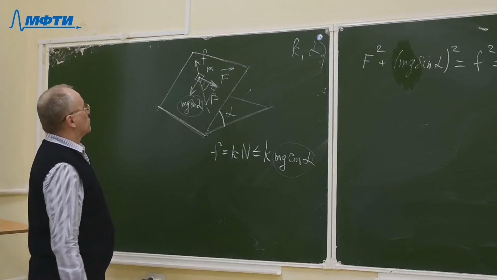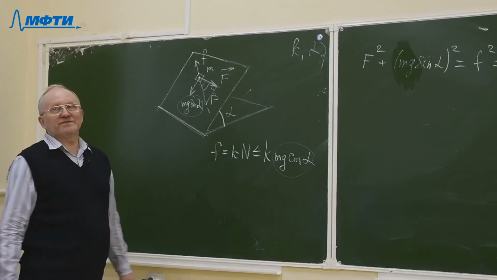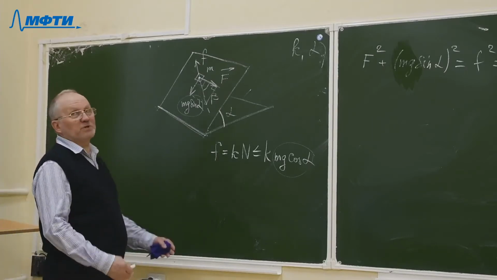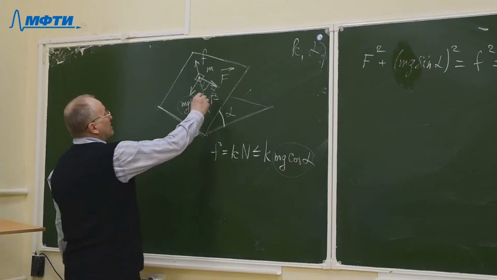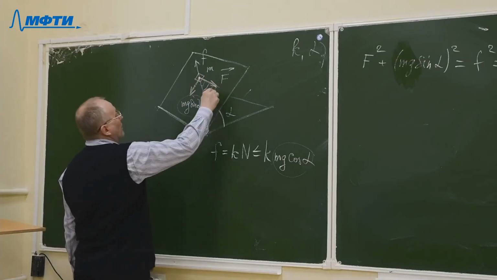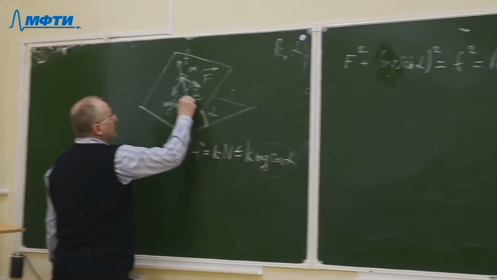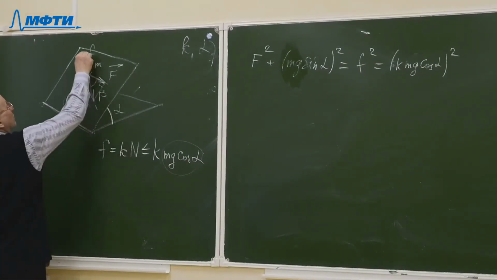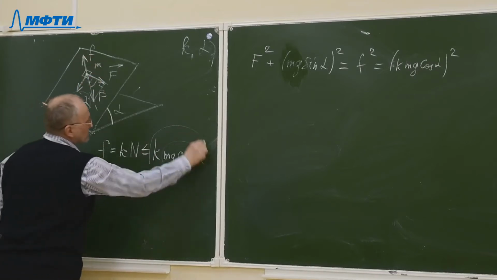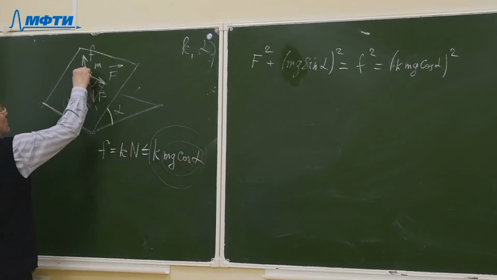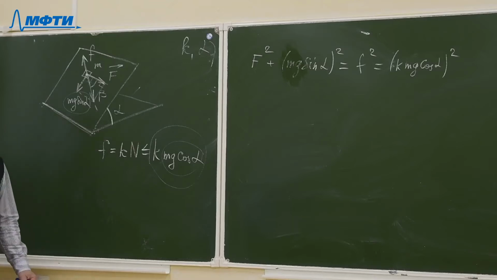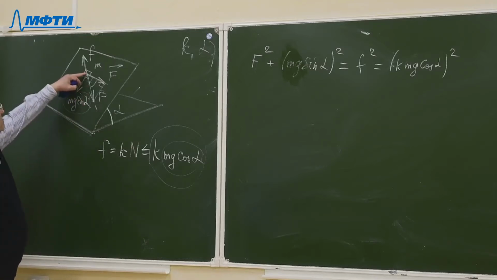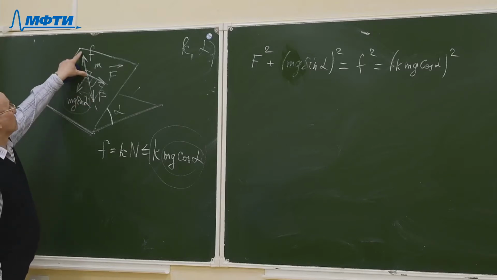And in order to use this Pythagorean theorem, we have to understand one simple physical fact, that the sum of these two forces, which is defined by the diagonal of this parallelogram, should be equal to the force of friction at its maximum possible value at the moment when this body starts motion. At the very moment when the body starts moving, this force is equal to this force.